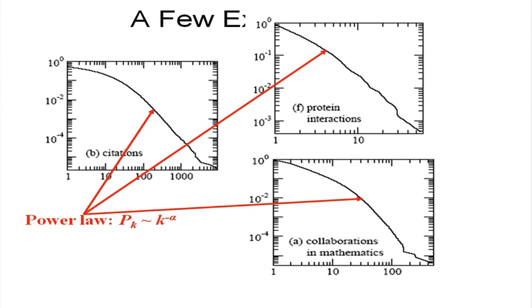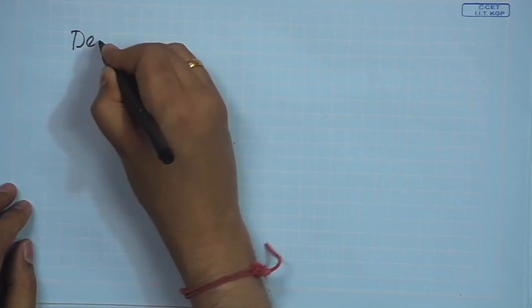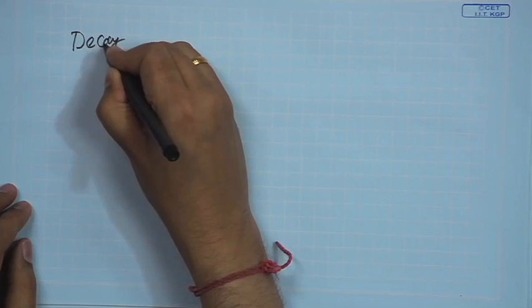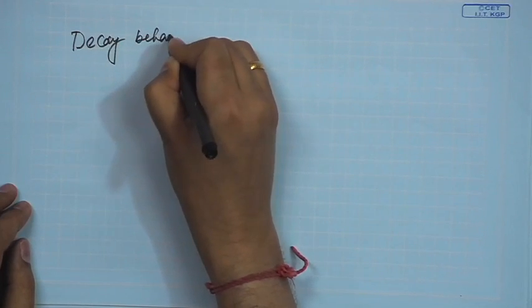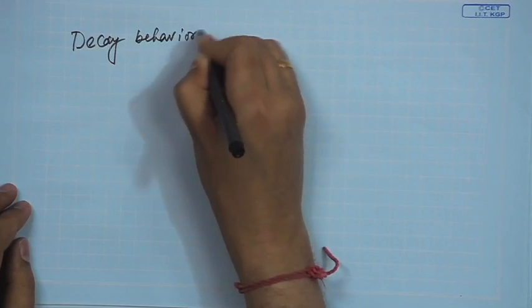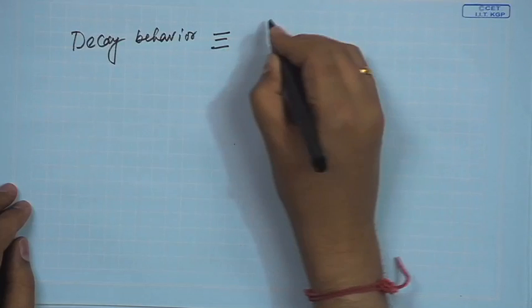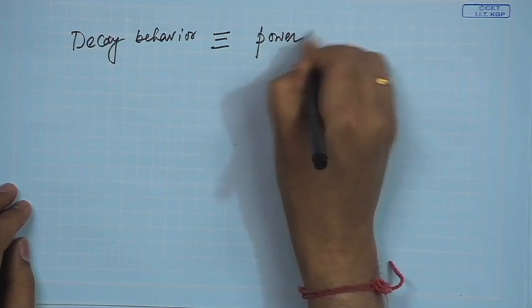This decay pattern is sometimes termed as the power law behavior.